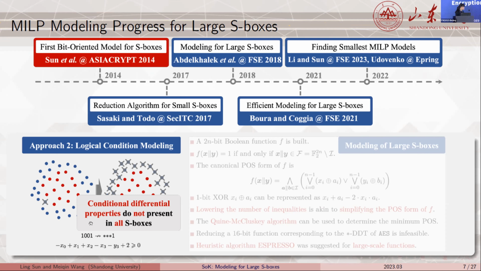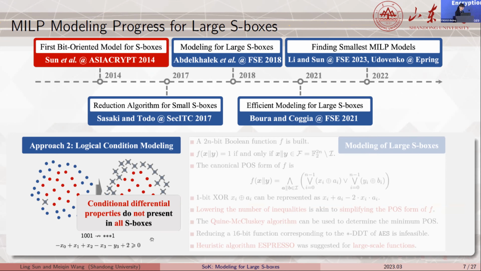For example, here we have an impossible differential pattern, which means if the input difference of the S box equals 9, the last bit of the output difference should not equal 1. So it contains 8 impossible propagations, and with this single inequality, we can remove all these 8 impossible propagations.